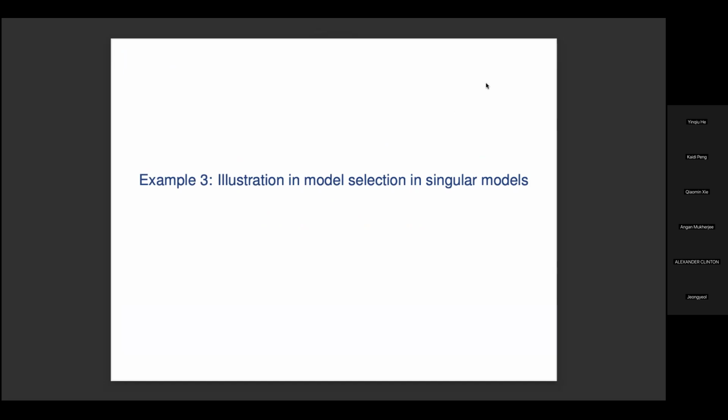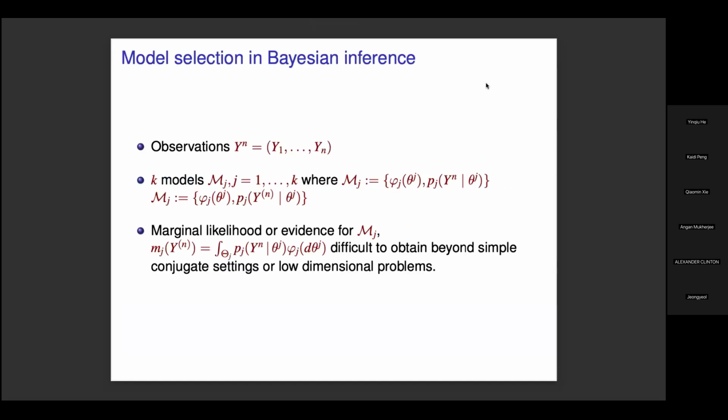Let's move on to another example where things are not identifiable, but we can still use the evidence lower bound as a surrogate for the marginal likelihood. We have observations y1 through yn, and here we are interested in selecting between k models. What exactly does a model mean in the context of Bayesian inference?